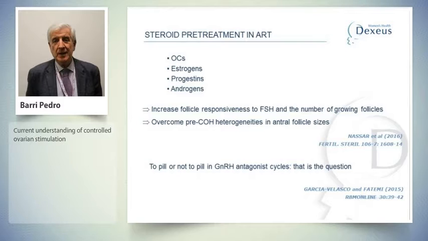The use of androgens seems to be useful to improve the response of poor responders by increasing the responsiveness of ovarian follicles to FSH and the number of growing follicles.